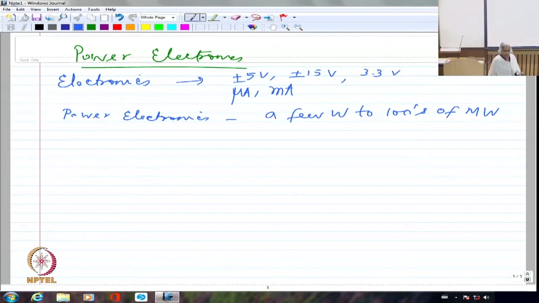Why should we study it? Unless there is some importance, we should not be studying it. Your mobile charger is typically a power electronic circuit. If you look at the mobile charger, it is connected to a 230 volts AC mains. If you look carefully, it will say 90 volts or 80 volts until 270 to 280 volts.